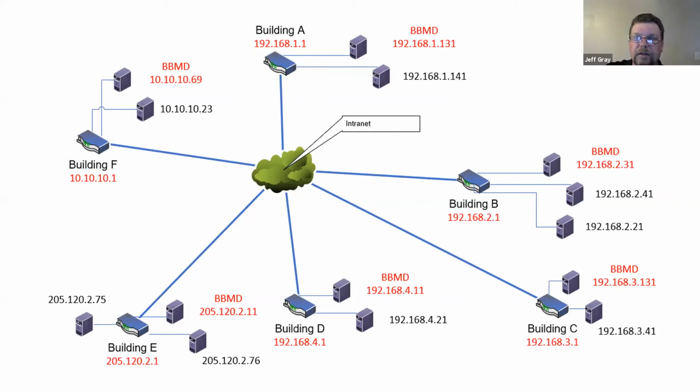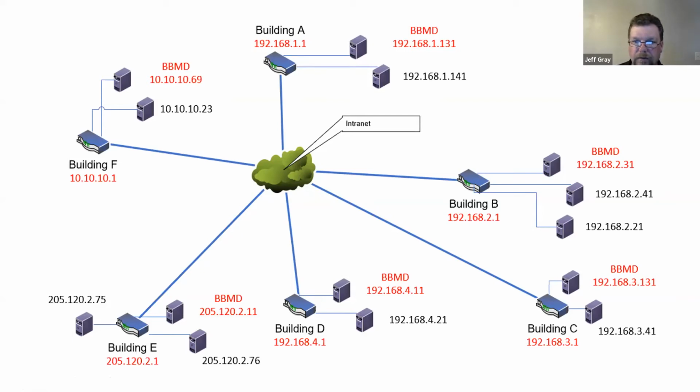Once another network, another BBMD gets into building A, so if building B is looking over to building A, it gets through the BBMD of the 1.131. They're on the list. Once you're in the private club, you can talk to all the patrons, anybody that's on that network, everybody that's in that club.